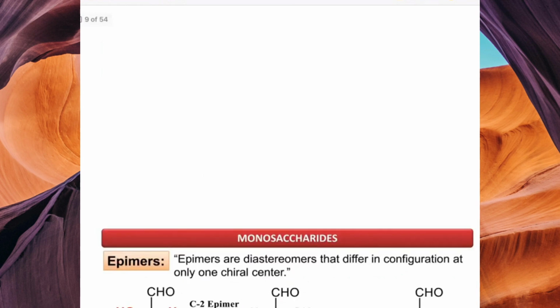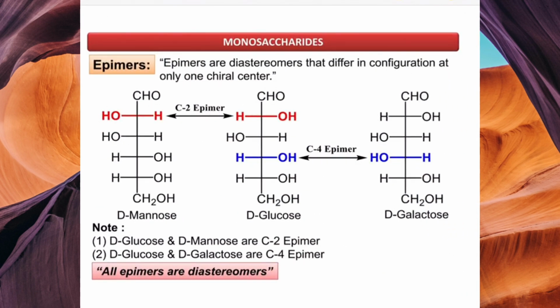Next I am taking what epimers are. Epimers are a pair of diastereomers which differ in their configuration at a carbon other than C1. Look carefully: the best example, D-glucose and D-mannose, are C2 epimers.